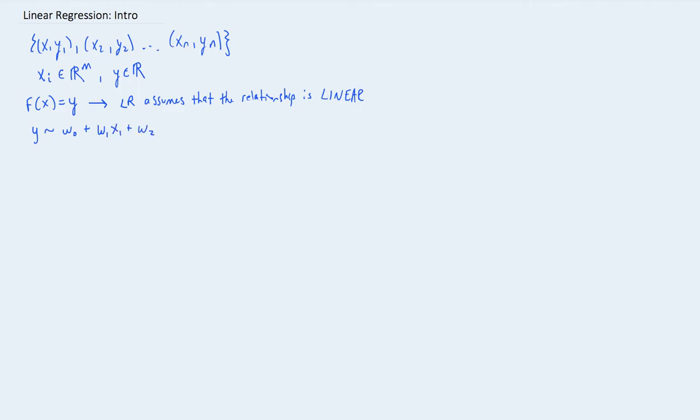So you have w2 x2 plus w3 x3 plus ... wm all the way to the last dimension of xm, and then you can assume that you get some noise thrown into each observation. So this is the noise, and linear regression assumes that the mean of that noise is 0. This is random noise.